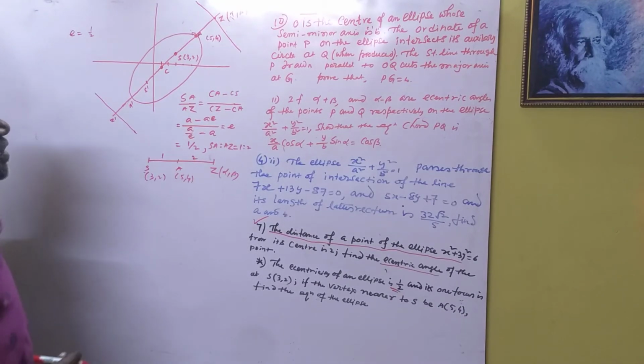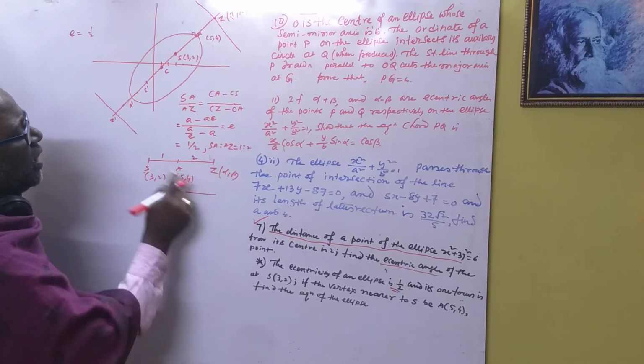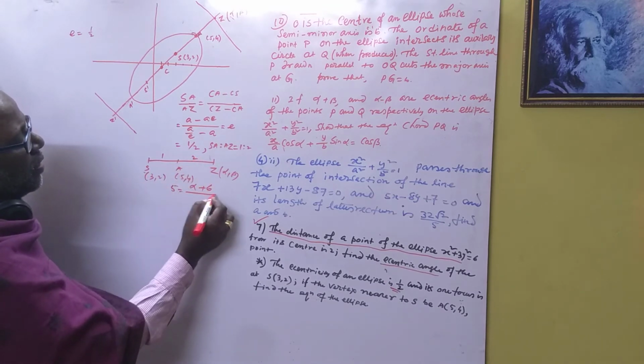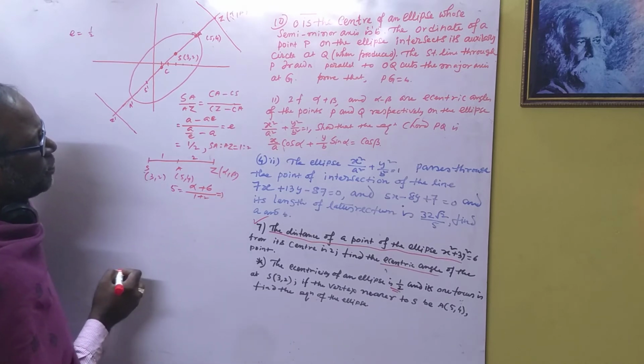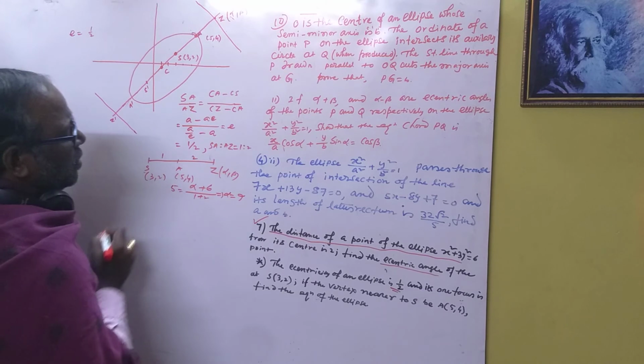And now find it with the help of the section ratio. So 5 is equal to (1 into alpha plus 2 into 3) by (1 plus 2). So alpha is equal to 15 minus 6, that is 9.